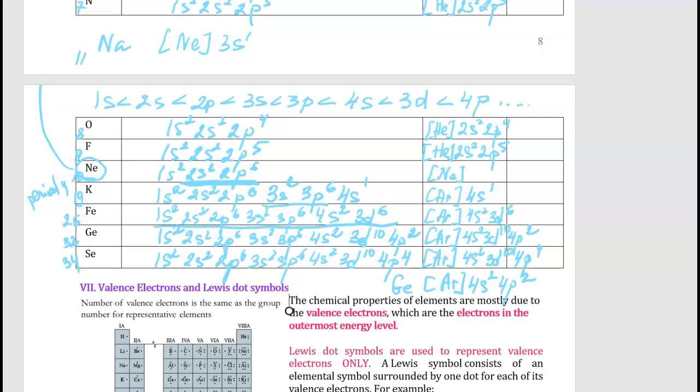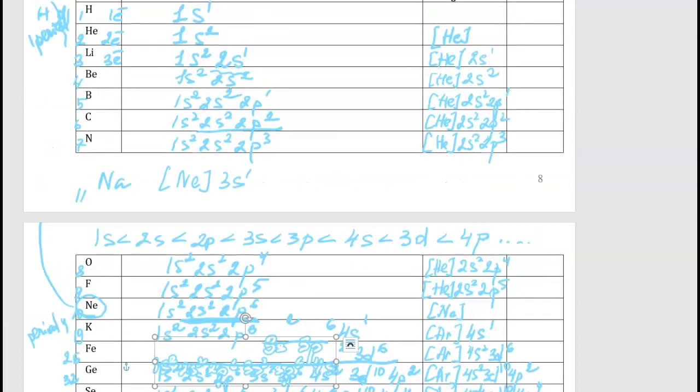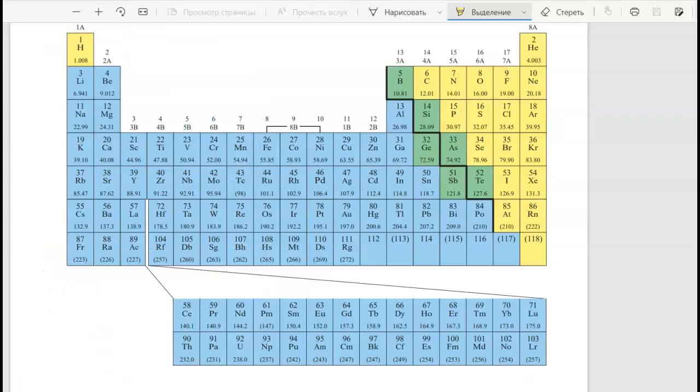Okay, so neon, why is it stable? Why is it a noble gas? Because it has 8 electrons on its last energy level, energy shell, right? Why is helium stable too? And this is an exception. It's an element from the first period, so it will be stable only with 2 electrons.